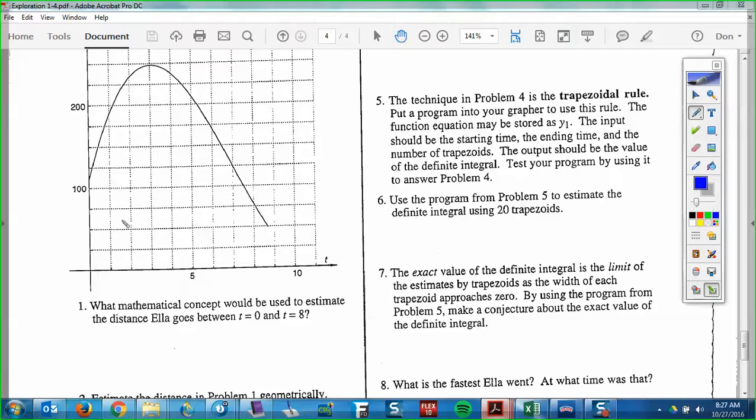It'll be how wide? Well, 8 is the total distance, but you're going to have 4 of them, right? So 2. They don't have to be real fancy.